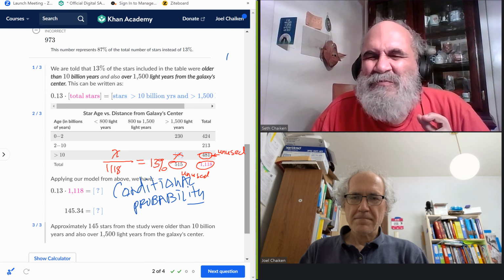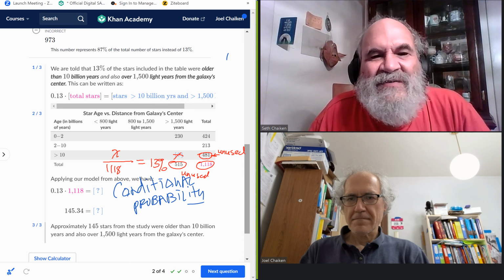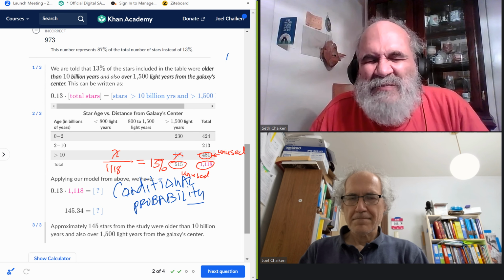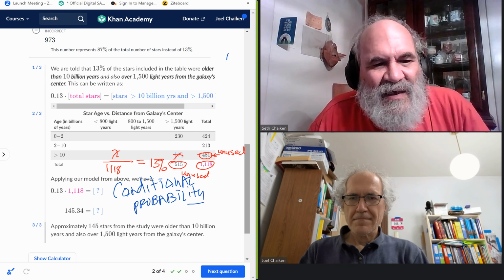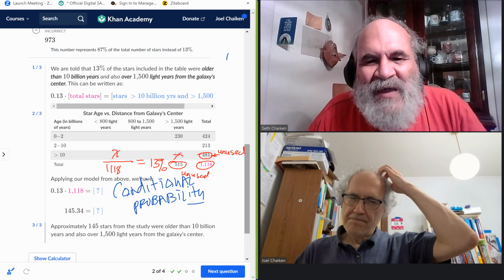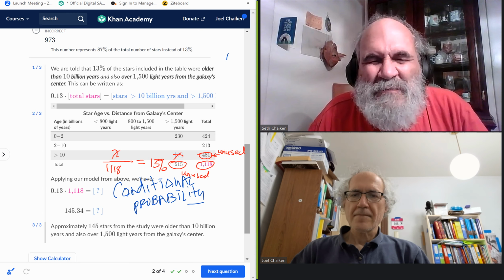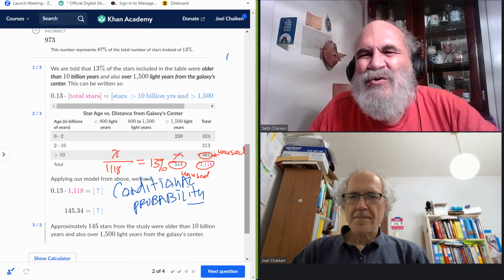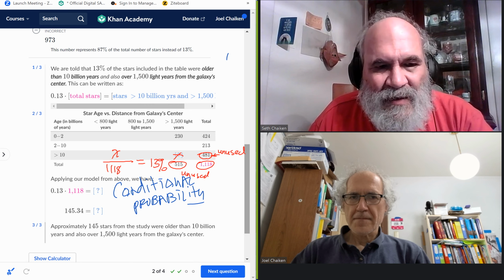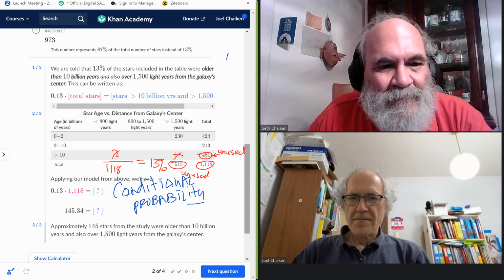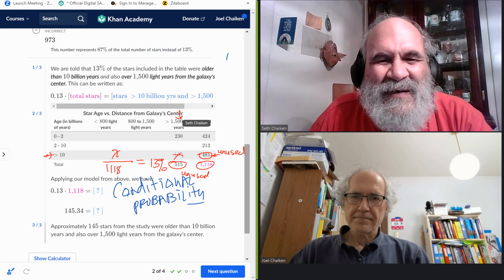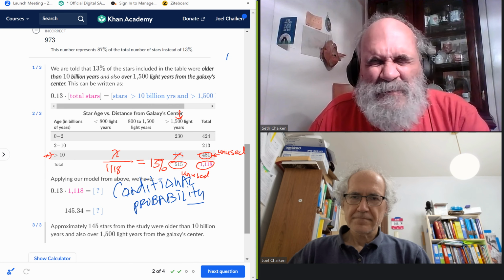You're given the probability. If this is mapped into frequency-based probabilities, 13% is the probability that if you pick a random star from those observed, it would be older than 10 billion years and further than 1,500 light years away.